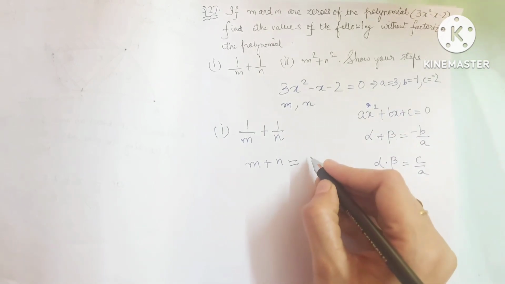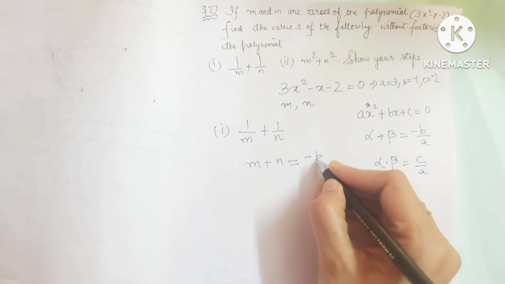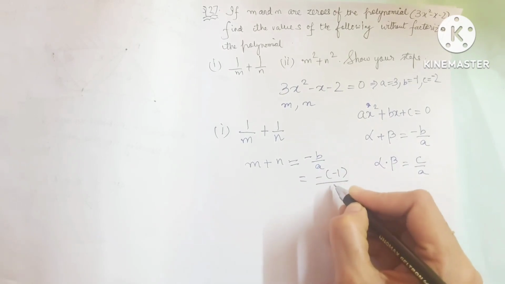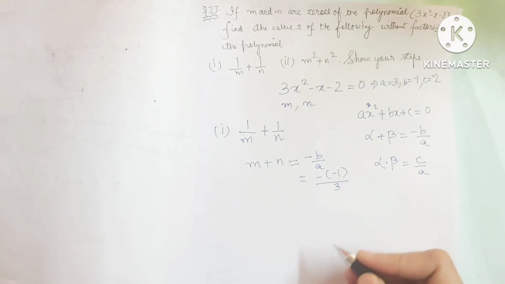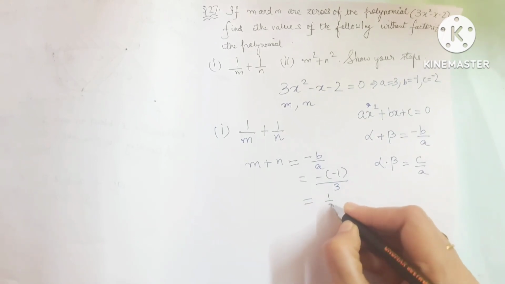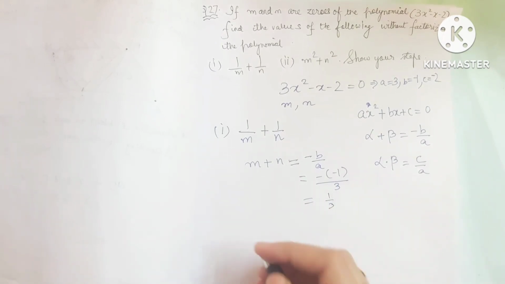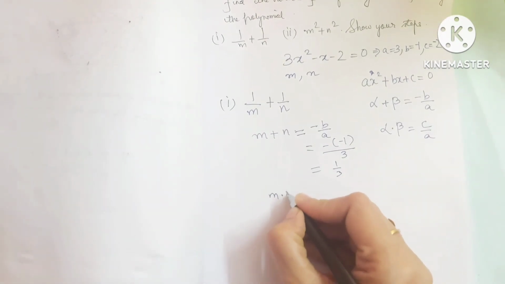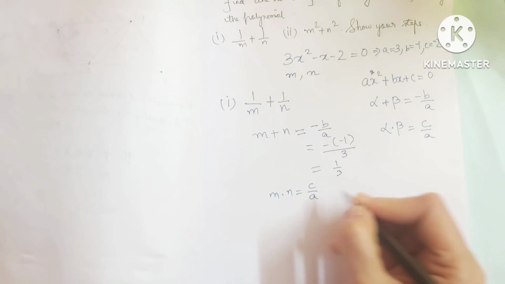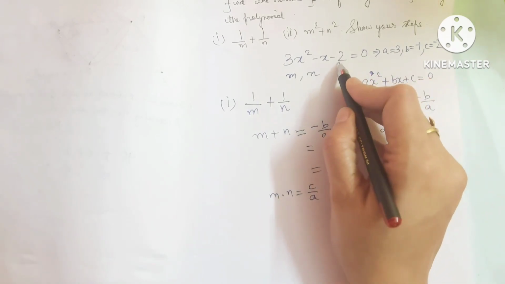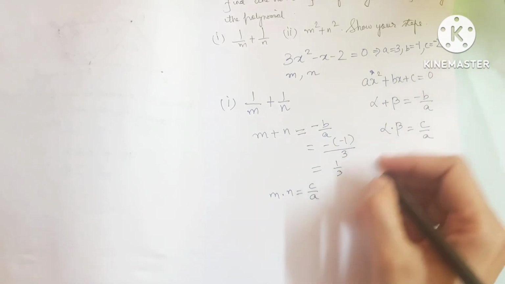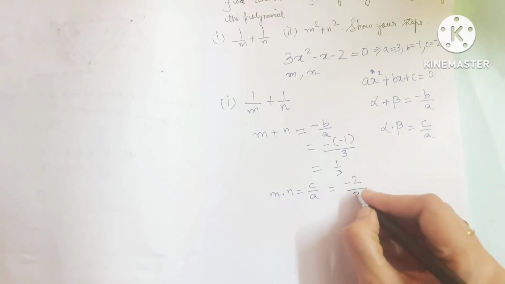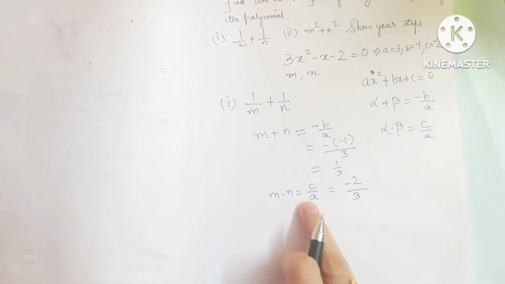So m plus n will be minus b by a, which is minus of -1 by 3. Yes, so it will be 1 by 3, and then m into n, वो कितना होगा? It will be c by a. c का value कितना है? -2 है. I have written over here -2. So I'll put -2 and then 3, a का value 3 है. So this is the value of mn.